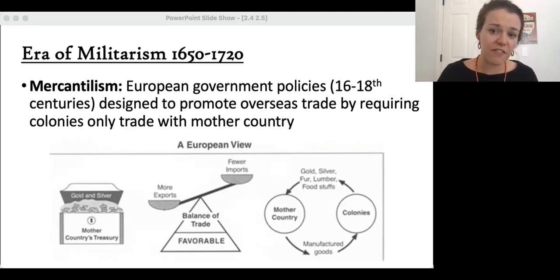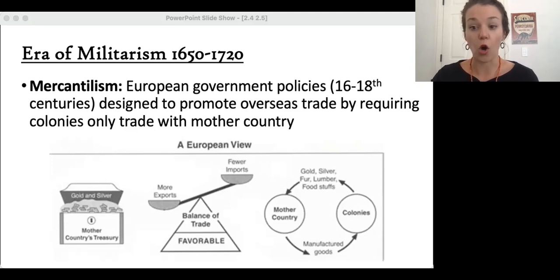Mercantilism very specifically does not. It wants to be favored for the mother country. So what does that mean? It means the colony produces raw materials. These raw materials are sold very cheaply to the mother country only.